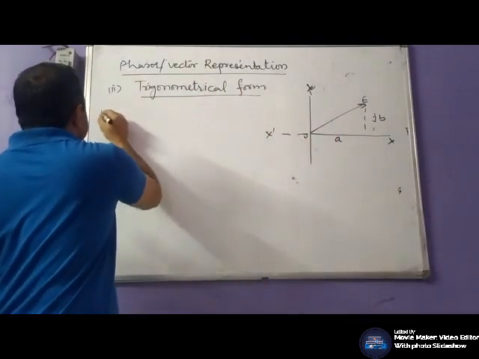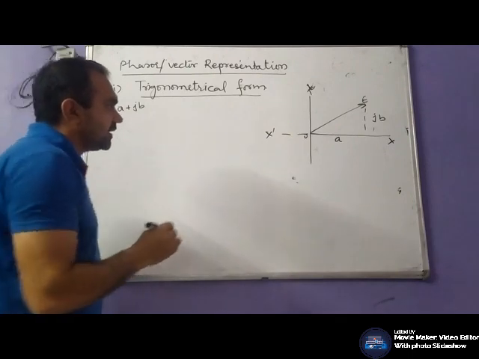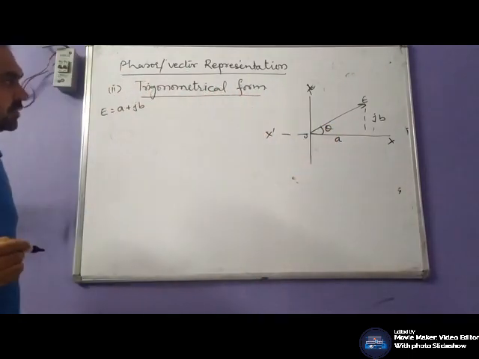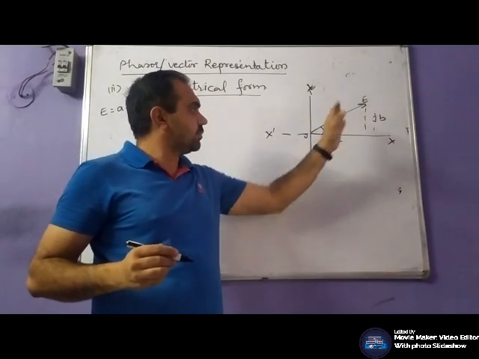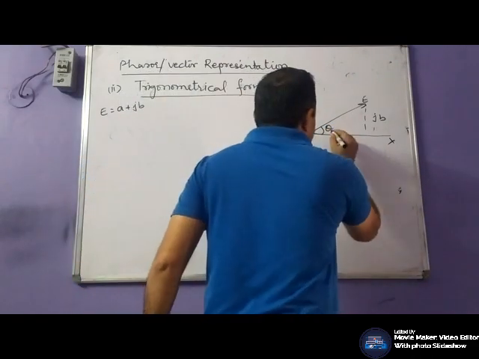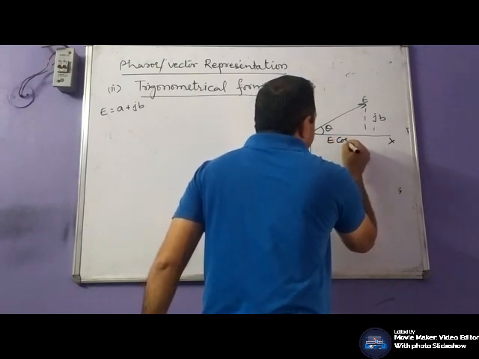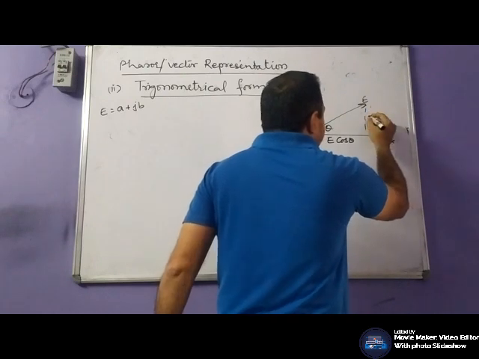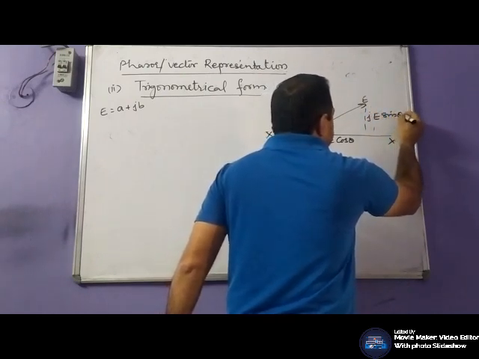That was E was A plus jB. Let this angle be theta. So this E can be resolved in the form of trigonometric cosine or sine of the angle. This A can be replaced by E cos of theta, horizontal component. This B can be replaced by E sine of theta.